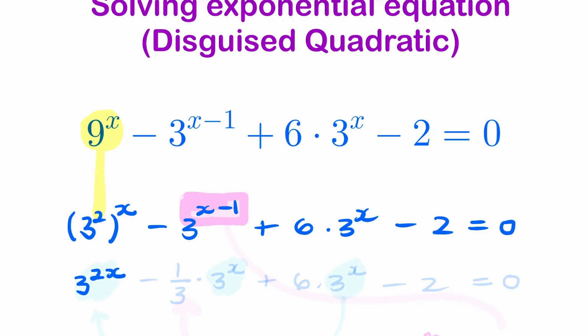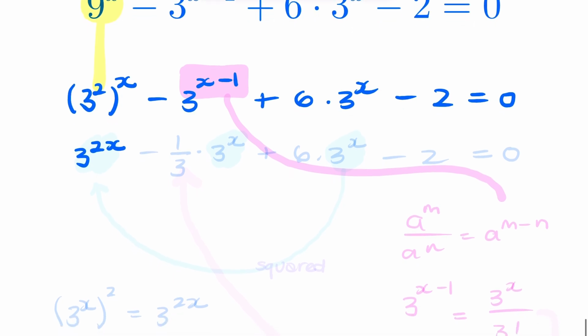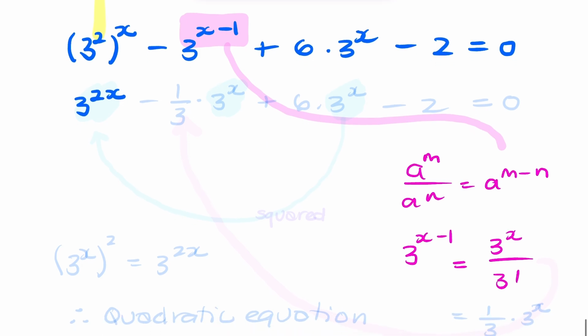Now, when you see something like this, where you have a difference as a power, you can remember that if you have two numbers divided, so if you have a to the power m divided by a to the power n, that should give you a to the power m minus n. So in the same way, 3 to the power x minus 1 is the same as saying 3 to the power x divided by 3 to the power 1.